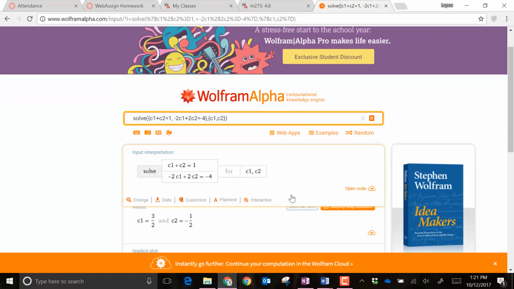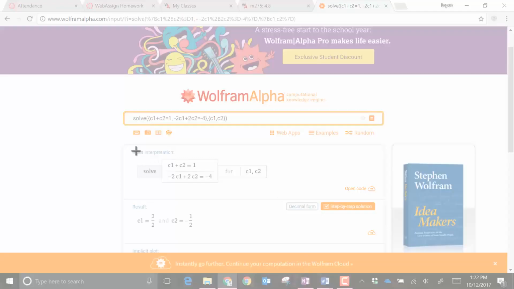Three halves and negative 1/2? Probably right, yeah. If I entered it correctly, it should be. I mean, this is Mathematica after all. They work, so it must be right. Oh, you dropped the negative sign? Yeah.